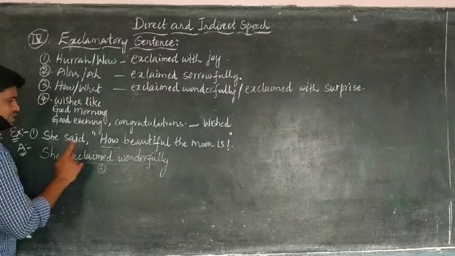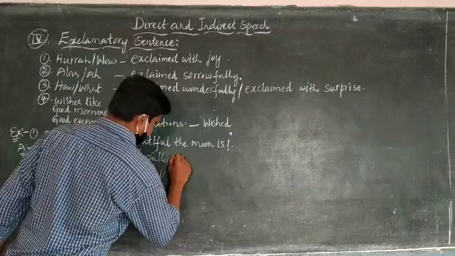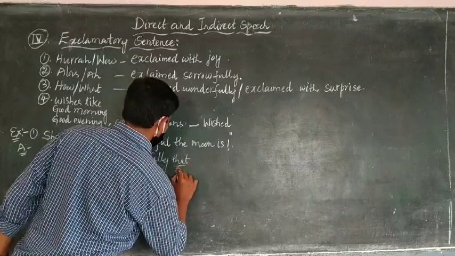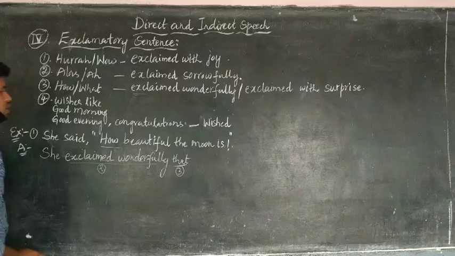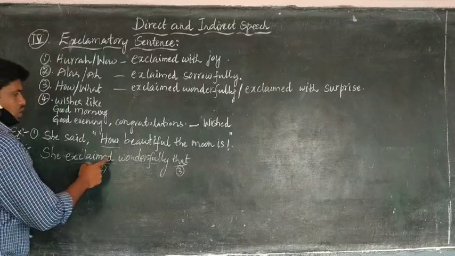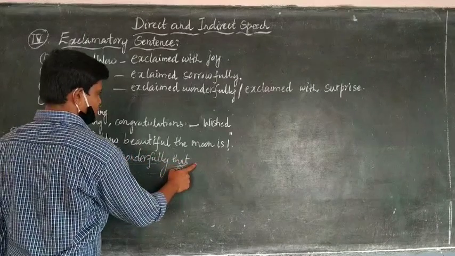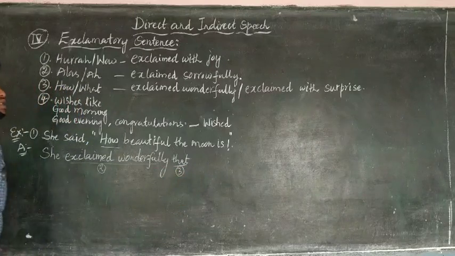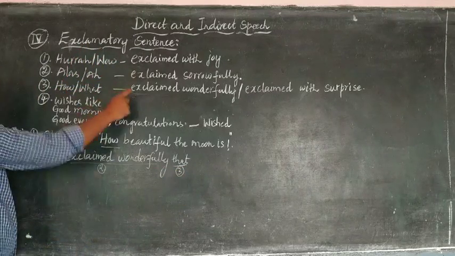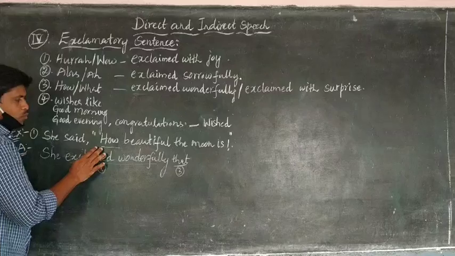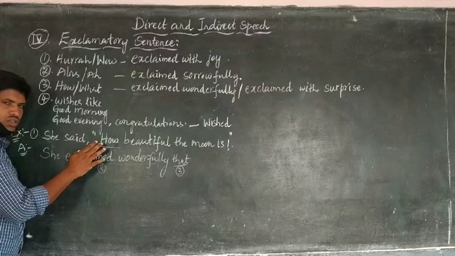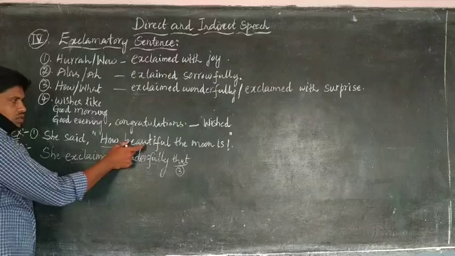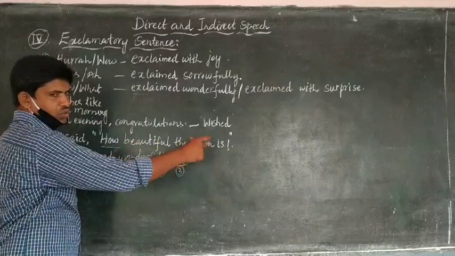So she exclaimed wonderfully that, that is number 3. Next, we have to write here the subject. Especially in the exclamatory sentences, no need to change the pronouns, but the sentence must be in the assertive mode.